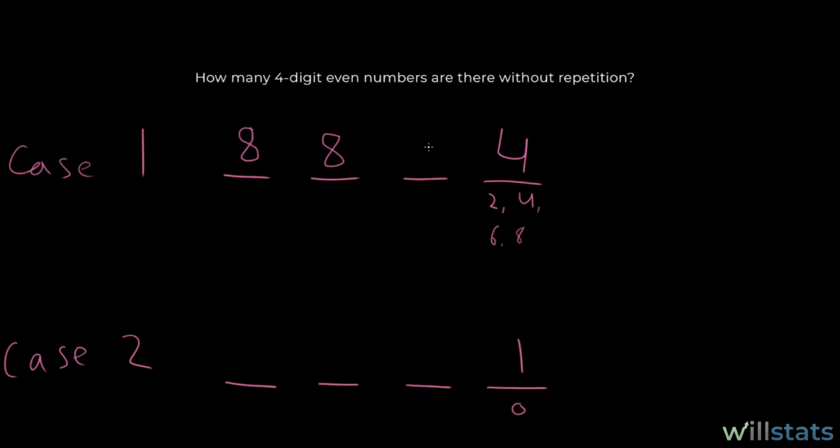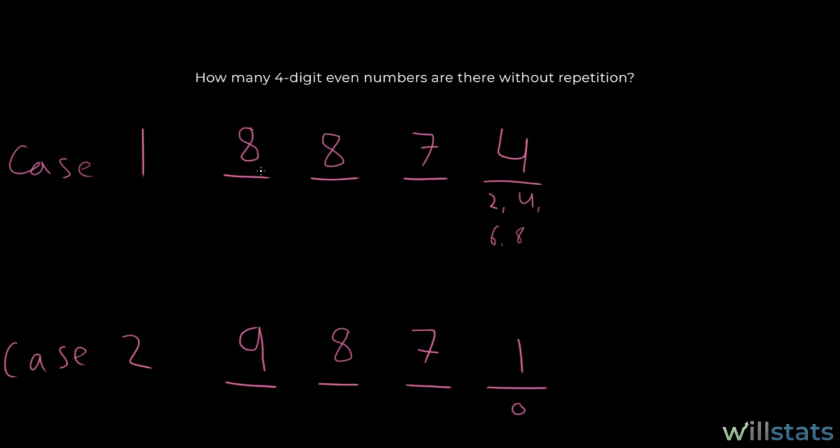For our third digit, there are 7 possibilities because we can't use the first, second, or final digit again. So 10 minus 3. Now looking at our second case, there are actually 9 possibilities for the first digit because it could be 1 through 9. None of those have been used yet since the last digit was 0. For our second digit, there are 8 possibilities, and for our third digit, there are 7 possibilities, just like case 1.